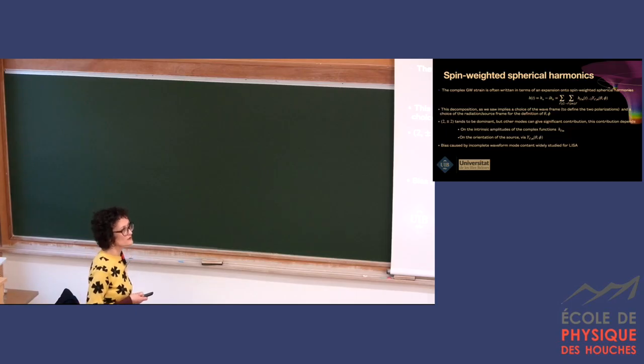It tends to be smaller, but depending also on the properties of the source, it might be that some of the higher harmonics are stronger or weaker. And this is something that has been looked at widely for design, essentially, to understand how many higher harmonics we need to model accurately so that we don't incur biases.